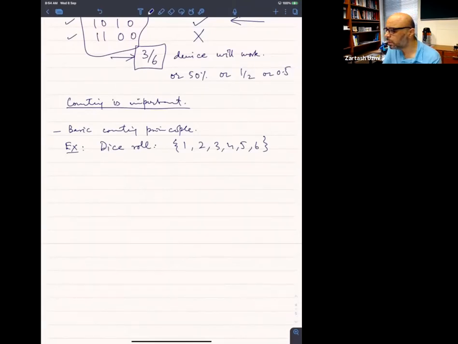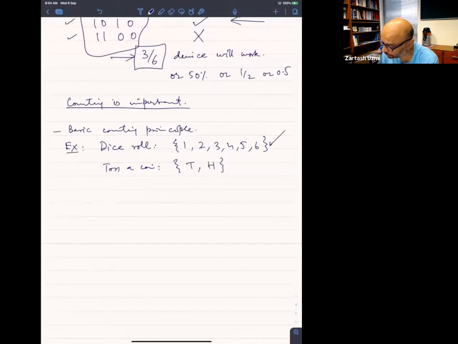The face on top cannot be anything other than these 6, okay? Similarly, toss a coin, so you will see either the tail or the head on top. So the first experiment, rolling a dice, how many outcomes?